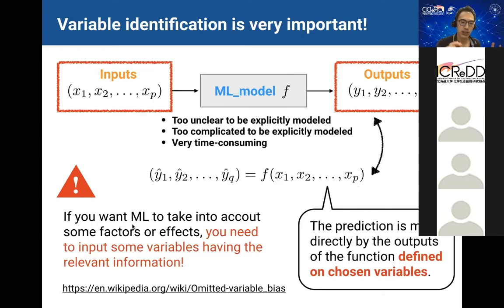So if you want machine learning to take into account some factors or some side effect, then you need to input some variable having that relevant information. Okay, if we only use a small number of variables having very limited information, probably machine learning just tries to capture the superficial input-output relationship. That is not good for nice applications.